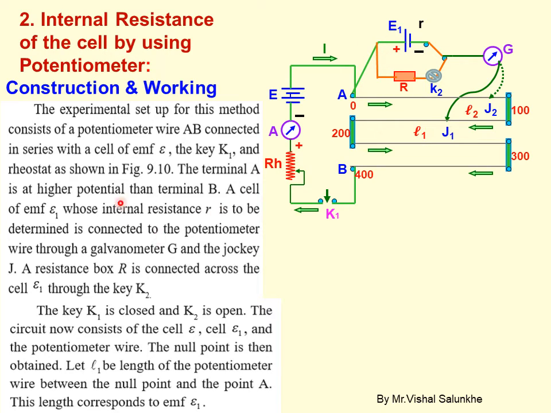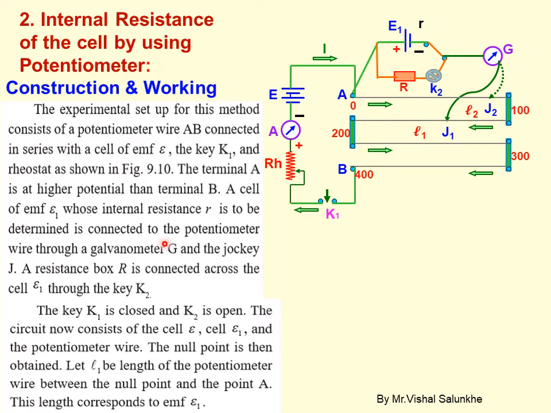So a cell of EMF E1 of internal resistance R, as shown in the figure, which is to be determined, is connected to the potentiometer wire through galvanometer G and jockey J. Here I have written J1 and J2 because we have to again take readings for this E and this E1.